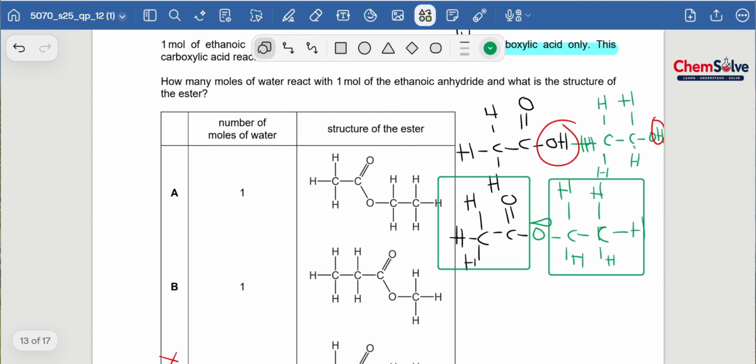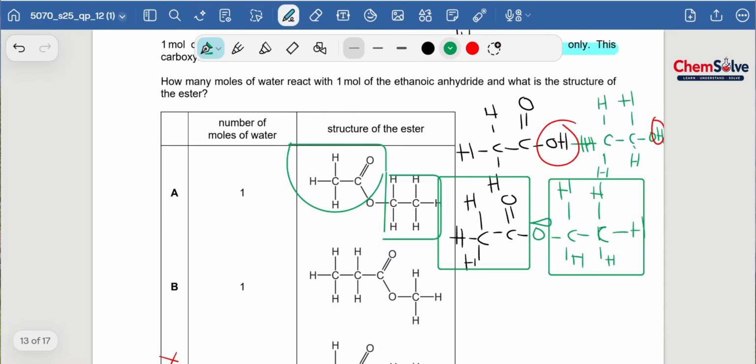Now this exactly resembles this part and this part.